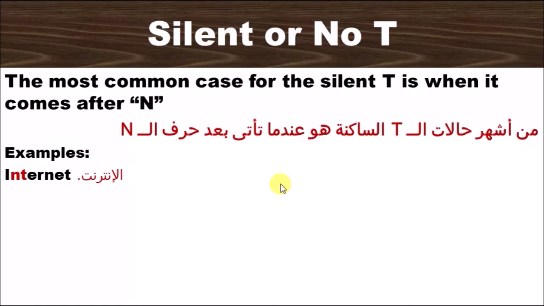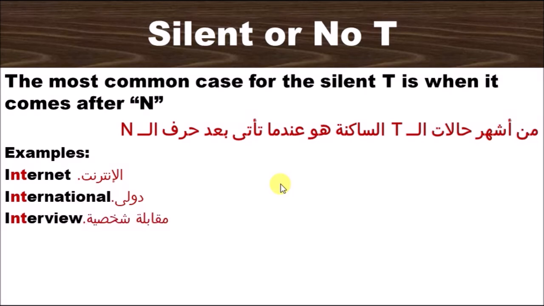Here this word I say internet, but the Americans say internet. This word is international, but Americans say international. This word is interview, but Americans say interview. This word is wanted, however, Americans say wanted. Okay, so the first case for the silent or the no T is when it comes after N.